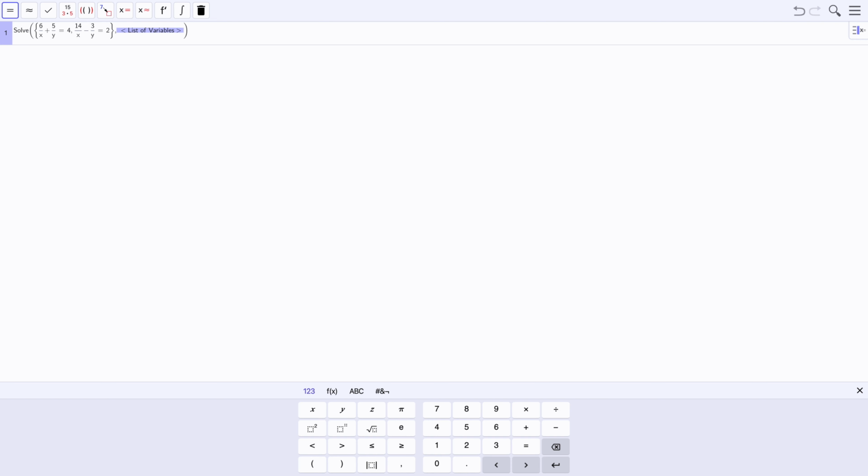My recommendation is to click on the delete button here, and then open curly brackets to list the unknowns. The unknowns in this problem are x and y. This is it. And then you press enter. So you see that GeoGebra provides you x equals 4 and y equals 2.